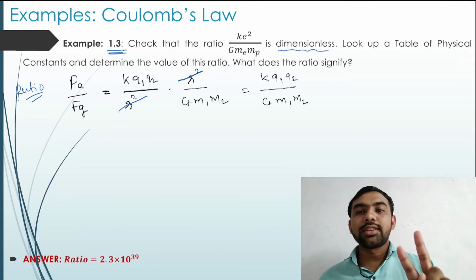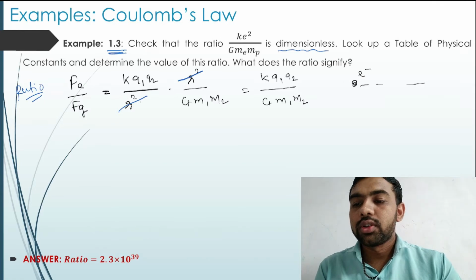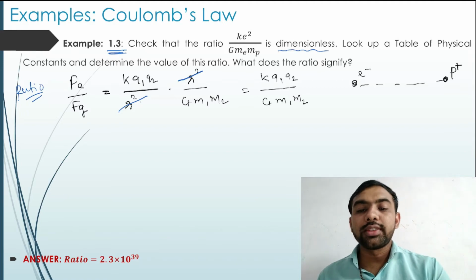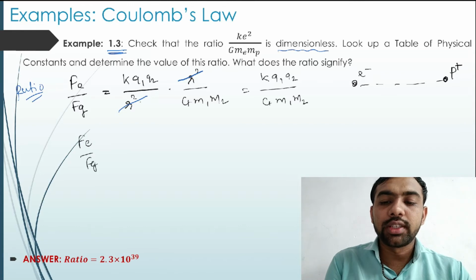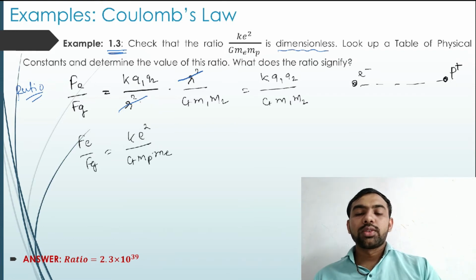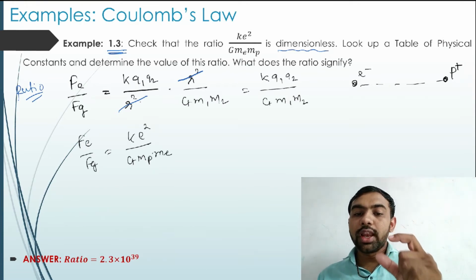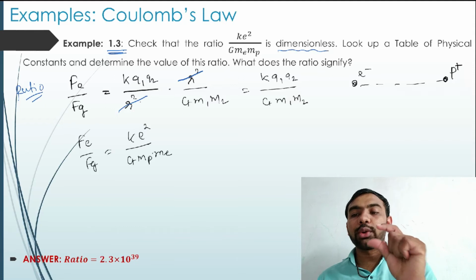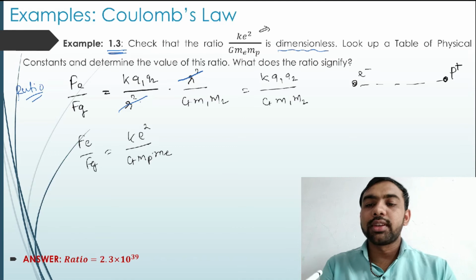Take both charges as electron and proton. Consider somewhere here it is an electron and somewhere here it is a proton. Then the charge of the electron is e, and the charge of the proton is also e. So Fe upon Fg is equal to K e square upon G m proton m electron. This ratio is the ratio of the electrostatic force and the gravity force between the electron and proton.